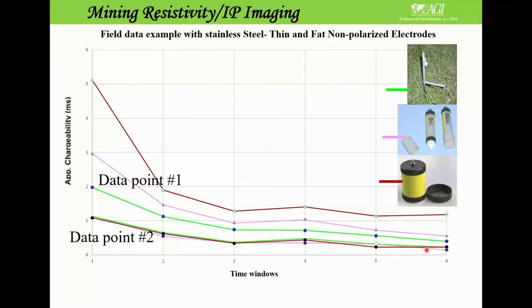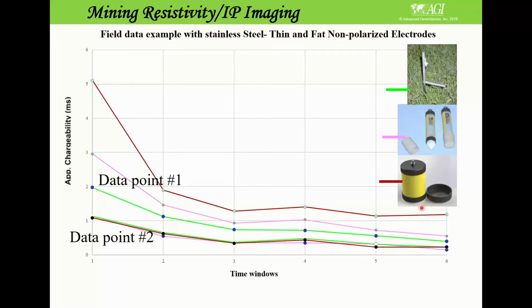Here I put, for comparison, another decay for when you use stainless steel, thin non-porous electrodes, and also thick non-porous electrodes. There are two types of non-porous electrode we have. We have a thin one, which is good to carry lots of them in the field, especially if you have a system for 56 or 84, and imagine that carrying 84 of these is much easier than carrying this one.